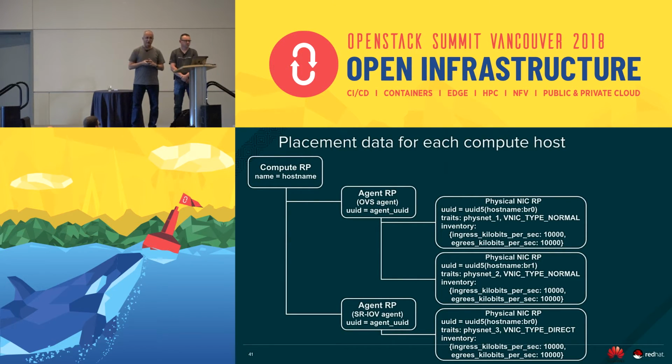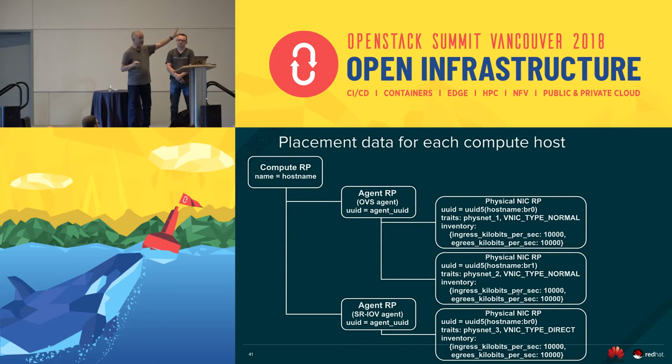So for each compute host, we are going to create a number of resource providers. First of all, when placement starts, and when Nova starts, a compute resource provider is created for that compute host. That happens whether we are cooperating with Neutron or not.